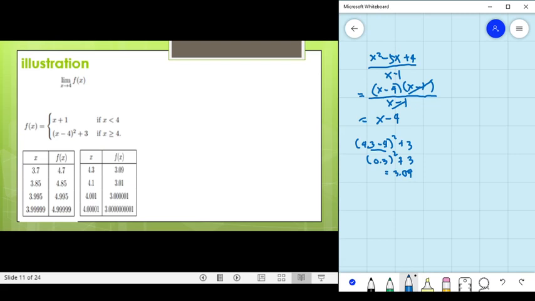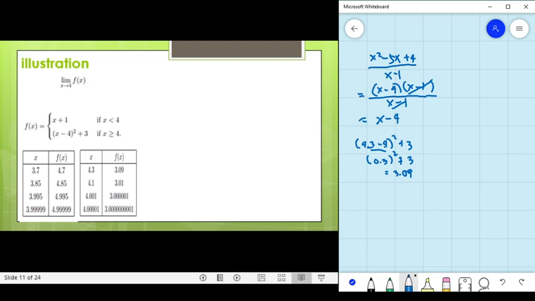Okay, so observe that the values that f of x approaches are not equal. That means when x is approaching 4, f of x from the left is approaching 5, because 4.9999. When x is approaching 4 from the right, the values of f of x are approaching 3.